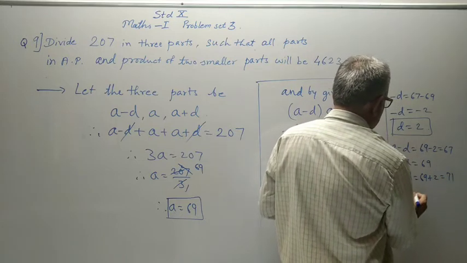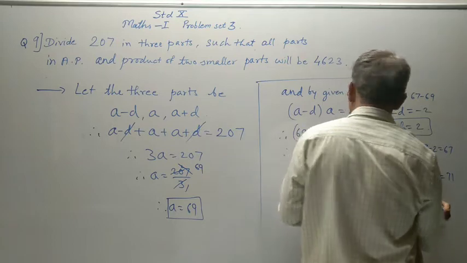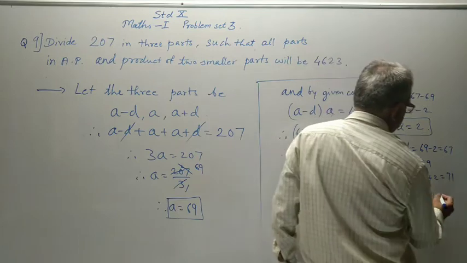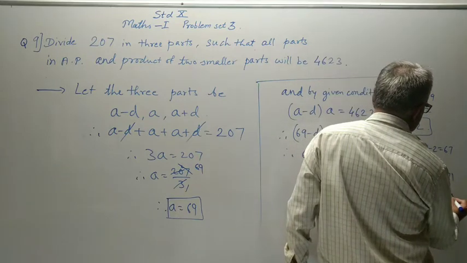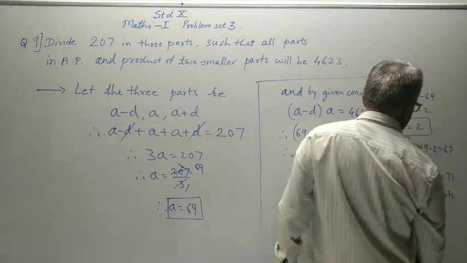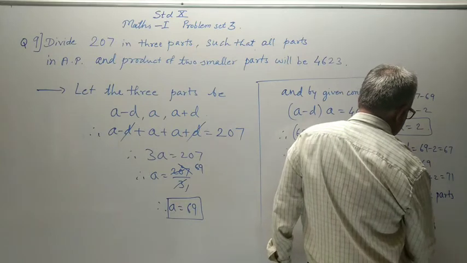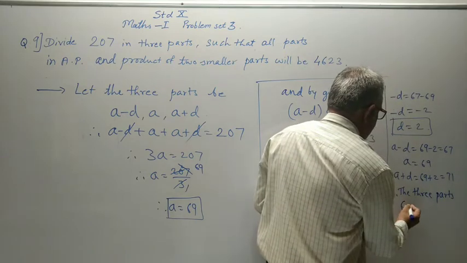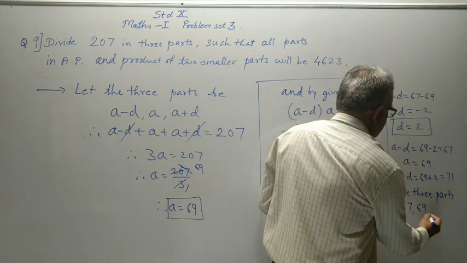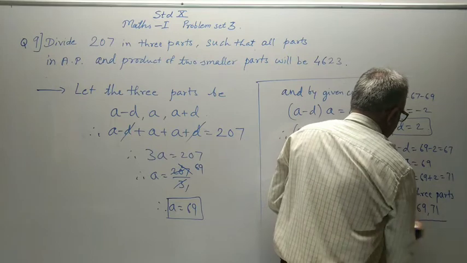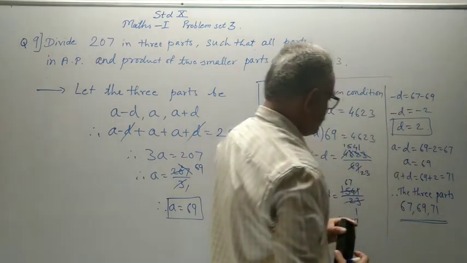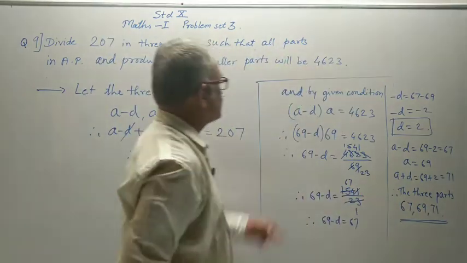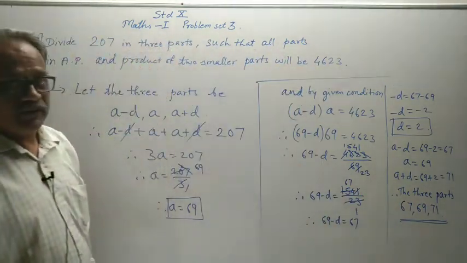Therefore, the three parts into which 207 is divided are 67, 69 and 71, which are in AP. Their total is 207 and the product of the first two smaller ones is 4623.